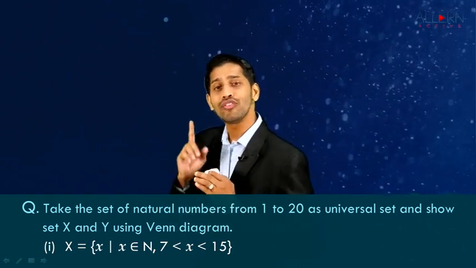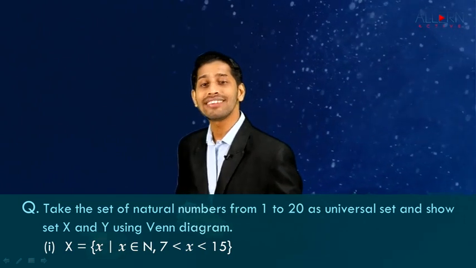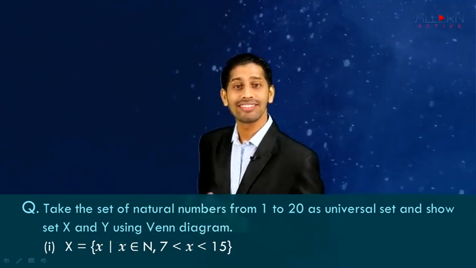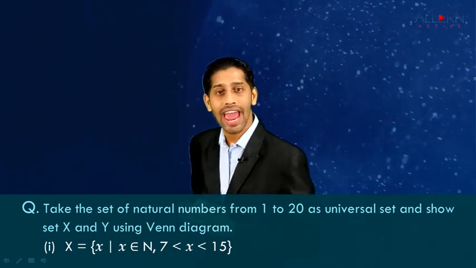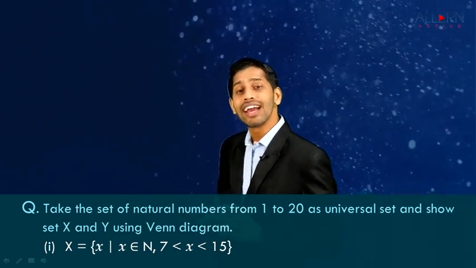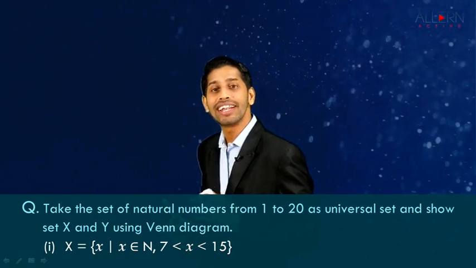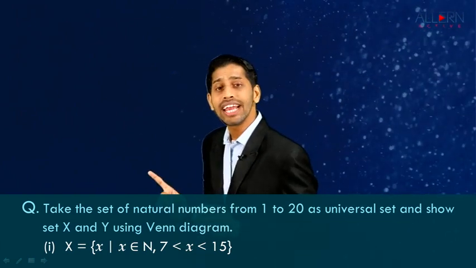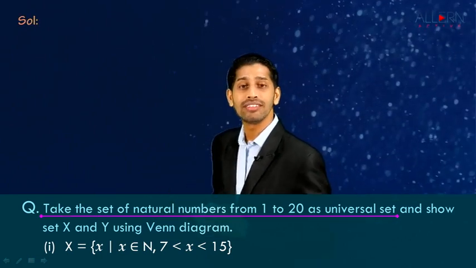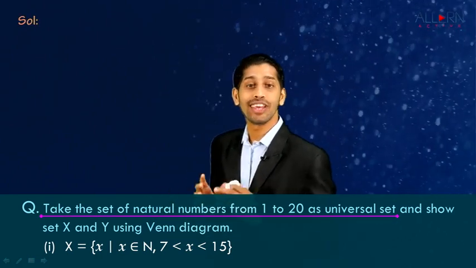So let's start with the first question, that is X is a set of all x such that x is an element of natural number and x is greater than 7 but x is less than 15. Now the question says that take the set of natural numbers from 1 to 20 as a universal set.